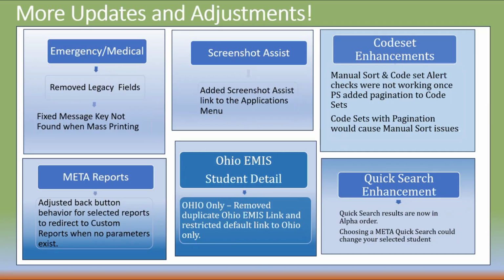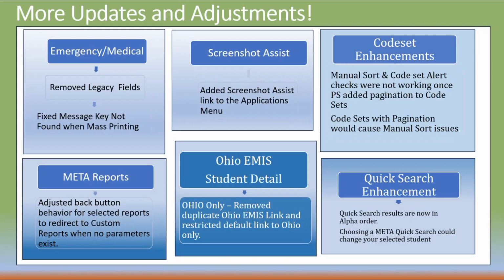That us removing it, getting rid of that gray box. So not anything you really need to know about, but if you do have that gray box, know that hopefully it'll go away now. And there was also a message key not found when you did a mass print from the emergency medical screen. That's been fixed.